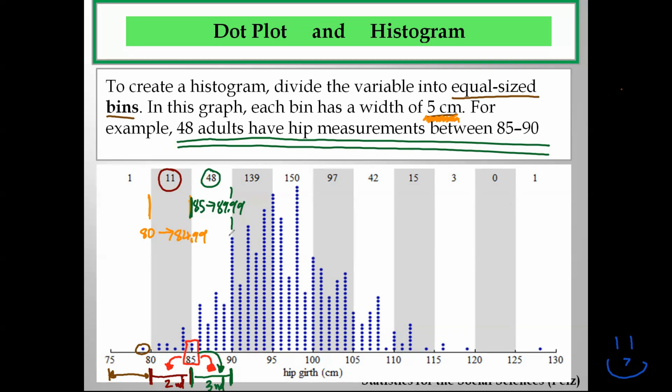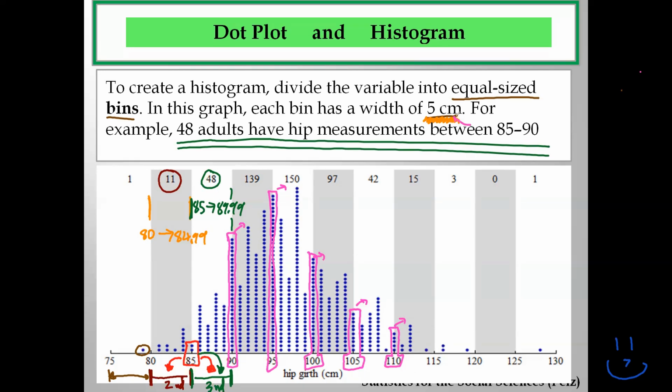In the foreground, it is not clear where these borderline values go. However, when we're actually creating the histogram, we will adjust our values for the bins in the background so that our histogram will look really clean. The real bin width is 4.99 centimeters to include an appropriate cutoff.